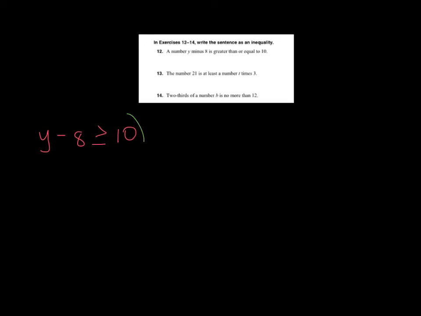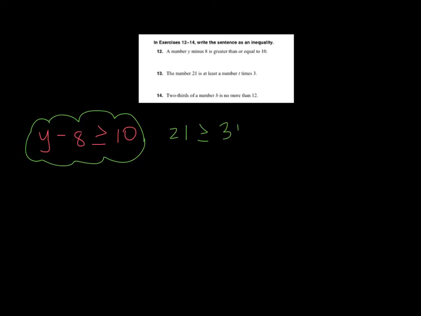And you can stop there because they just asked me to write it, they did not ask me to solve it. For number 13, we have the number 21 is at least. So at least means that it has to be that number or more. So 21 is greater than or equal to, so at least a number t times 3.